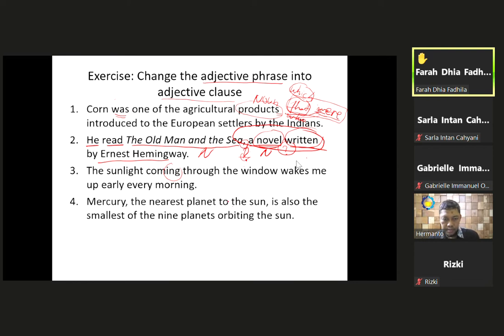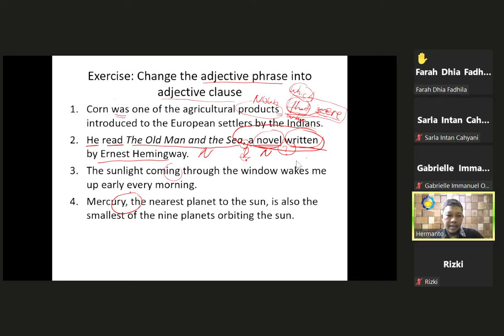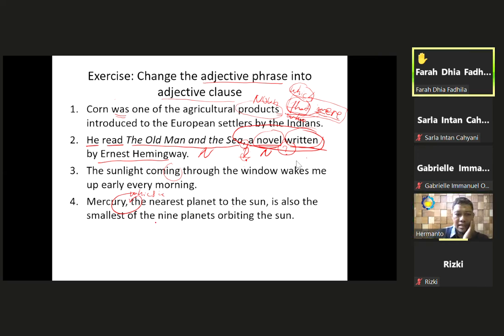Mercury, which is the nearest planet to the Sun, is also the smallest of the 9 planets orbiting the Sun. Yes, your answer, which is. Excellent. Precisely. Mercury, which is the nearest planet to the Sun, is also the smallest of the 9 planets orbiting the Sun. Yes, thank you, Faradia.